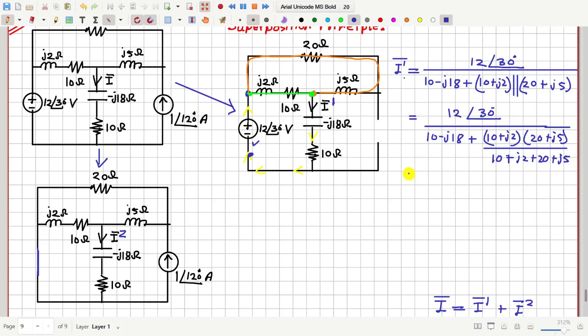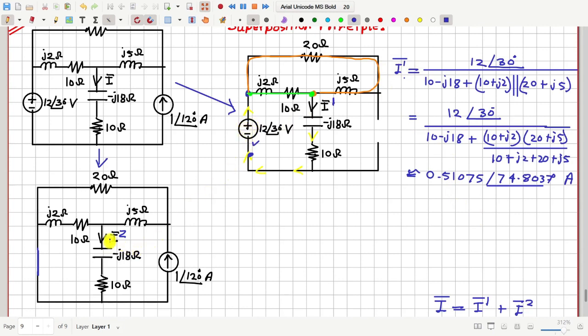Now if you simplify this using a calculator, then it will be approximately equal to 0.51075 with an angle of 74.8037 degree. This is in ampere. So this is the value of I1 due to the voltage source alone.